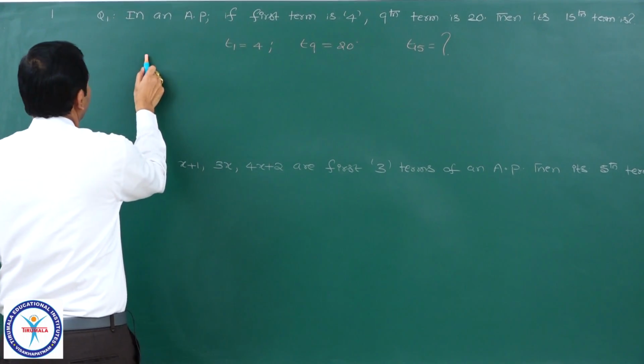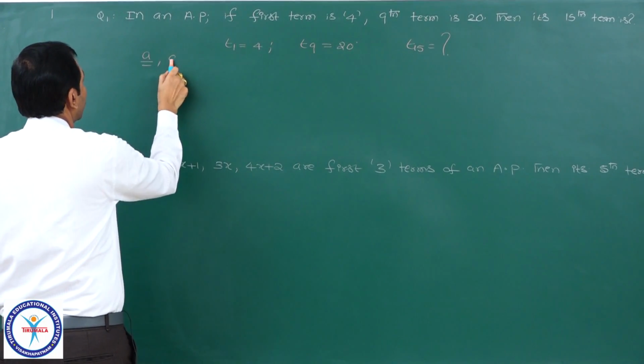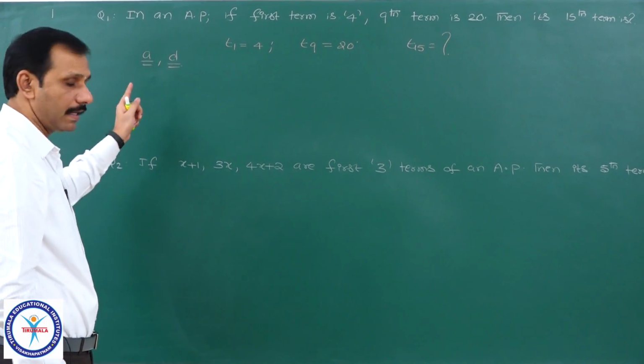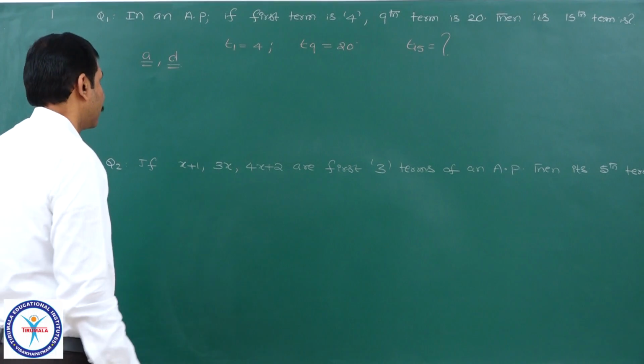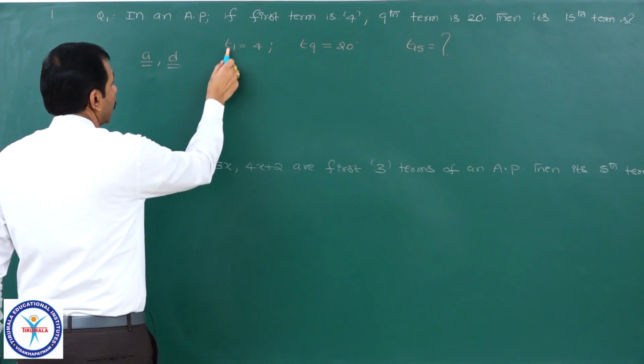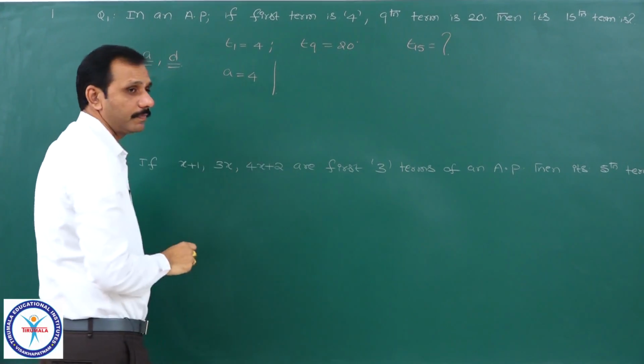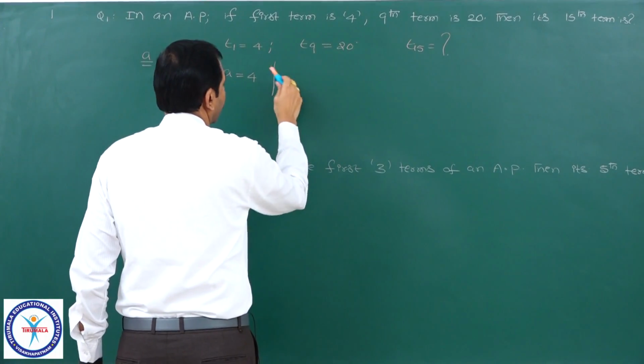If I take A as the first term and D as the common difference of this AP, in general we will take it like that only. Then T1 means A, so A equals 4. And T9, what is the nth term?